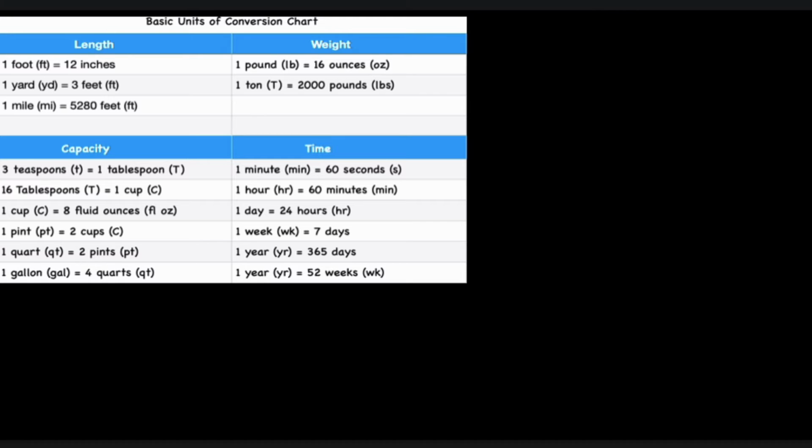All right, so let's say that you have to convert 4 pints to quarts. Or actually, you know what? Let's go with 12 yards to feet first. So we have 12 yards to feet. Okay, so the first step is to write 12 yards over 1.